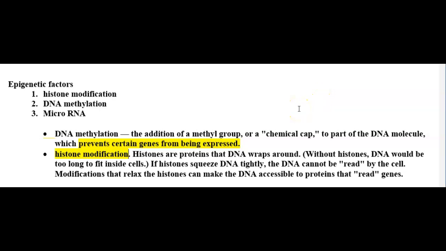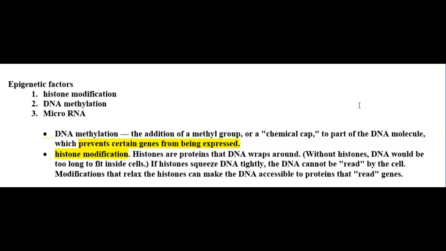Histones are the proteins that the DNA wraps around. Without these, DNA would be too long to fit inside cells. So in order for transcription, remember transcription, the messenger RNA comes in and has to read the DNA. But the DNA is wound tightly around these little spools. So the histones have to relax.